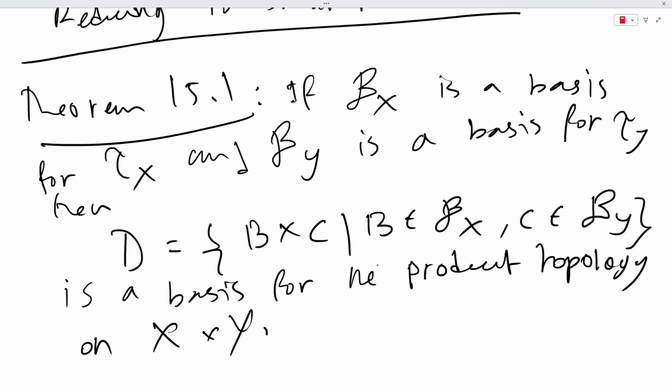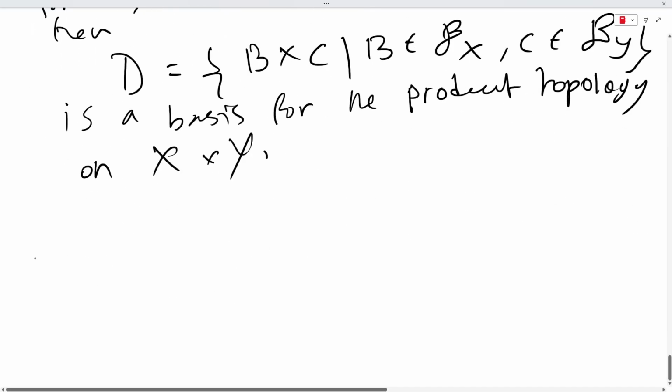Then this is also a basis for the product topology. So here's a proof.